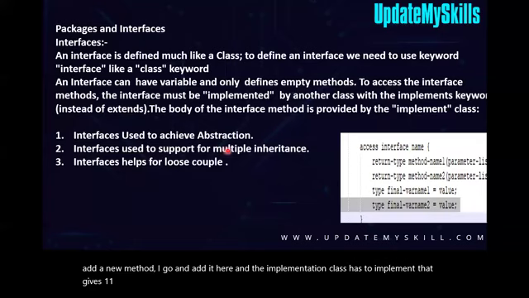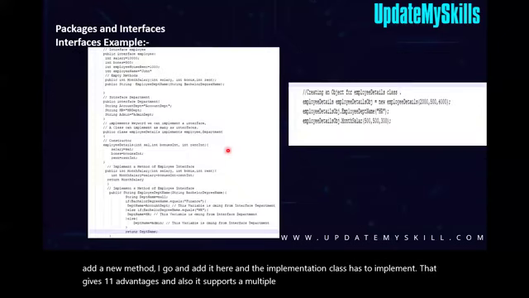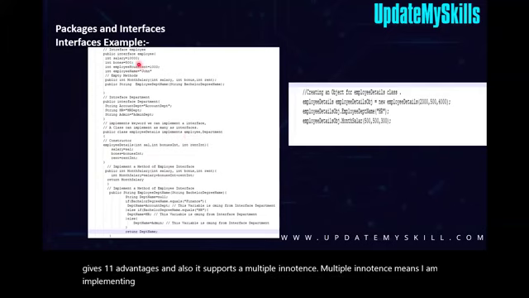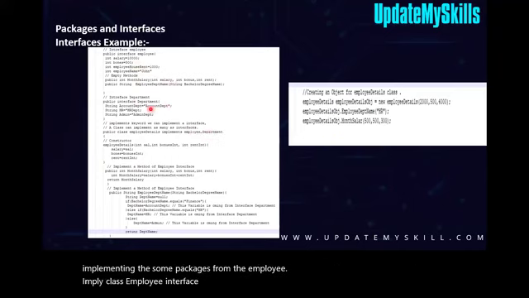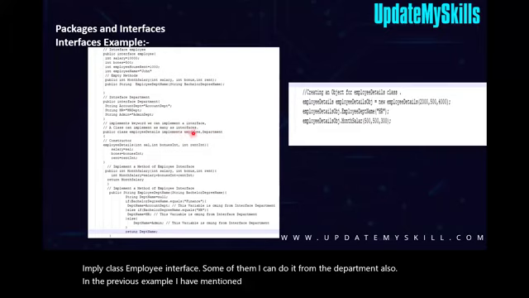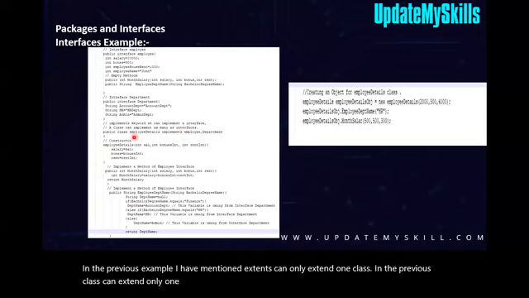And it also supports multiple inheritance. Multiple inheritance means I'm implementing some methods from the employee interface, and some of them I can do from the department interface also. In the previous example, I mentioned that a class can extend only one class. A class cannot extend multiple classes.